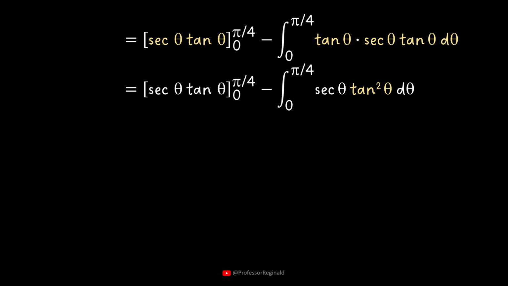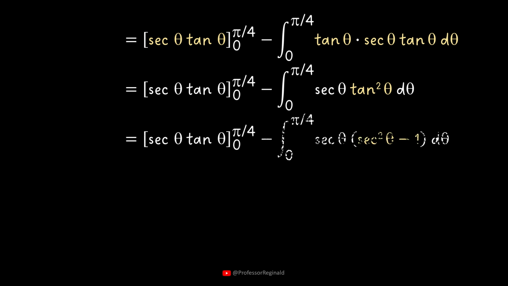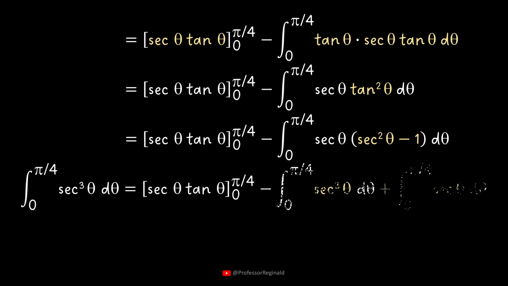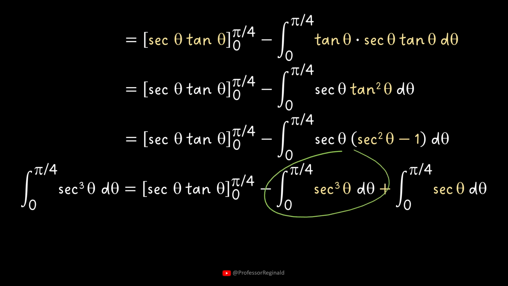Replace tangent squared of theta using a Pythagorean identity. Then rewrite the integral into two integrals. Because we are back to the integral we are trying to solve, add it to the other side of the equation, and divide both sides of the equation by 2.